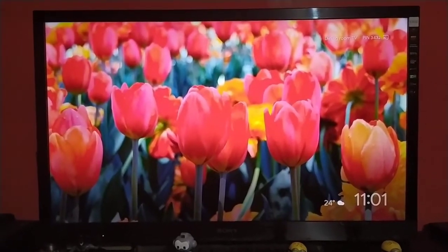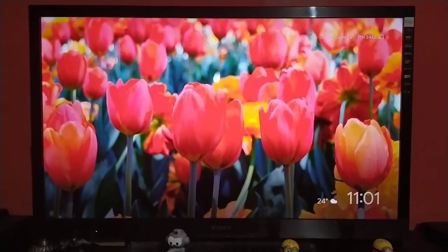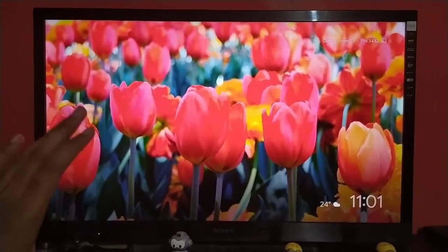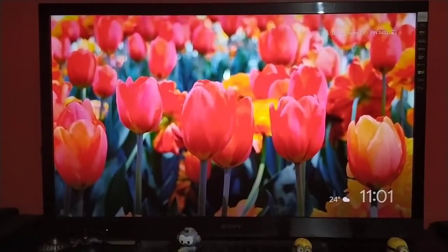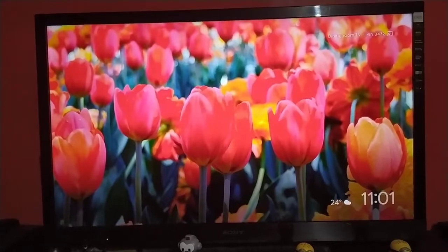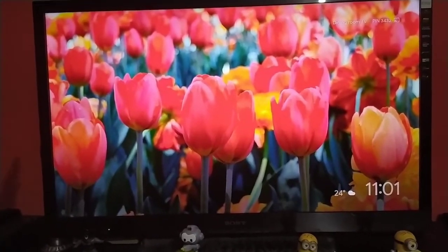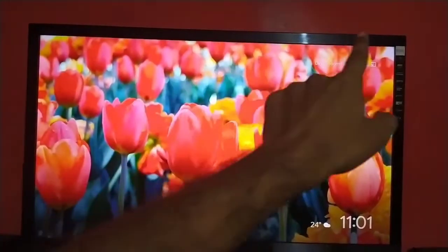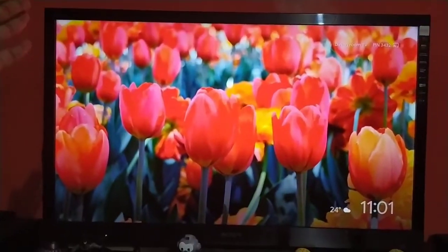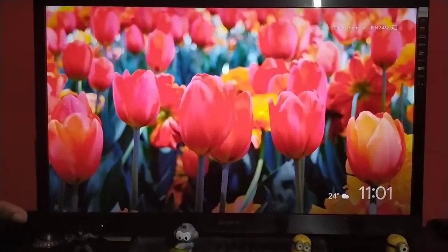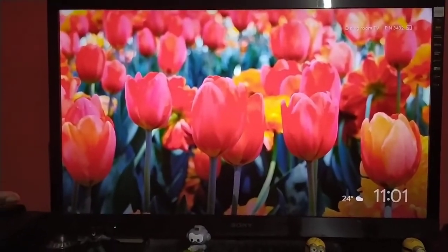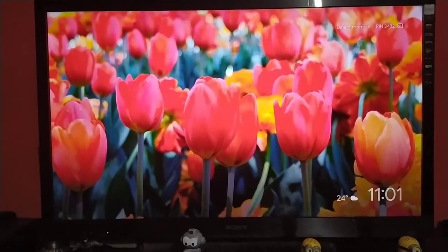For now we are concentrating on 720p. The standard aspect ratio for televisions or displays in India is 16:9, which means the width of the television would be 16 units and the height would be 9 units. This is the standard aspect ratio which we have.